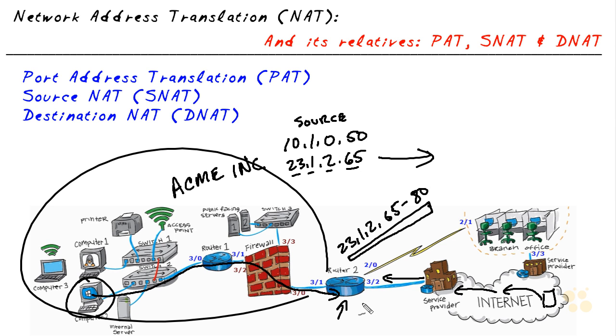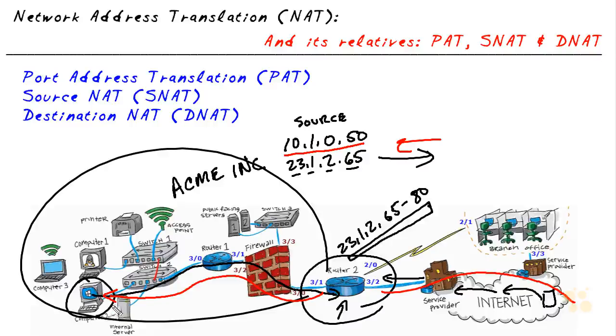And the magic is that R2, this router right here, is going to remember that translation and keep it in memory. Why? Because if a packet ever comes back to the IP address of 23.1.2.65, R2 has to remember to untranslate that and replace the address back with the 10.1.0.50 so that it can be further routed all the way back to Bob.